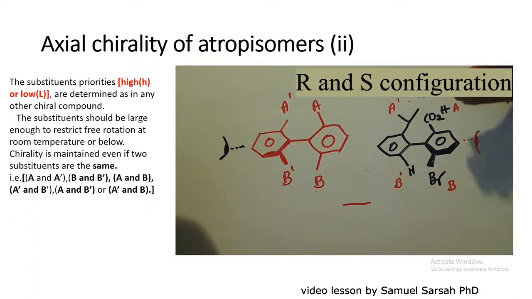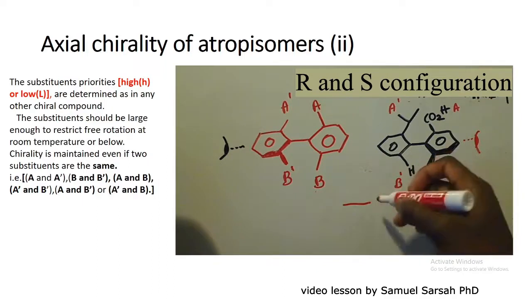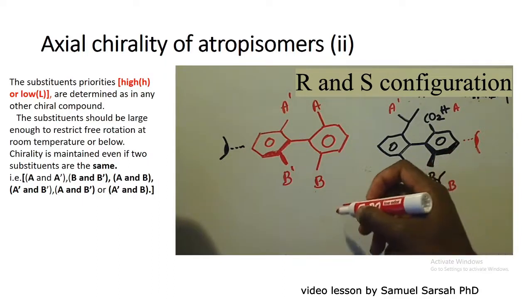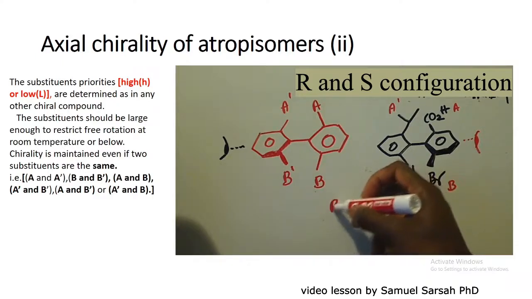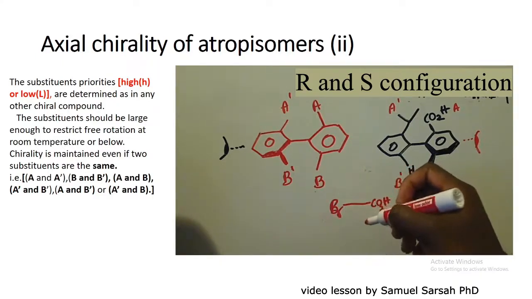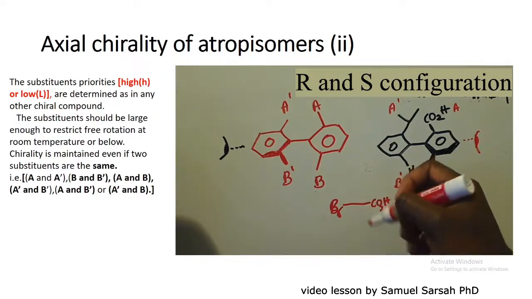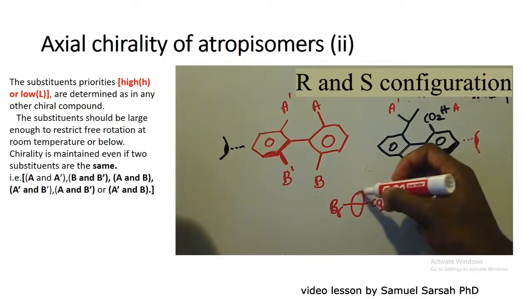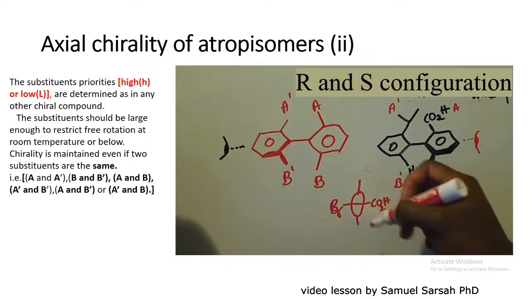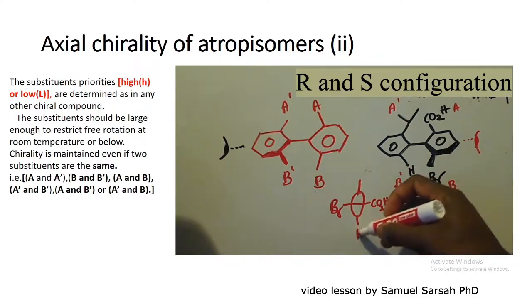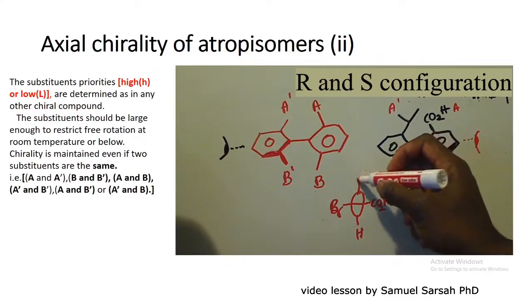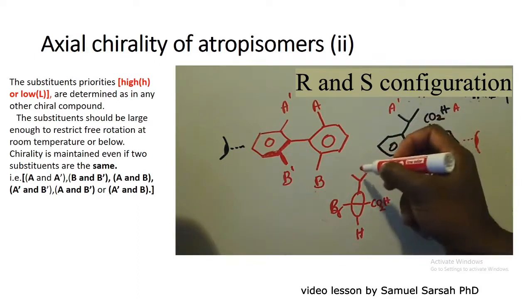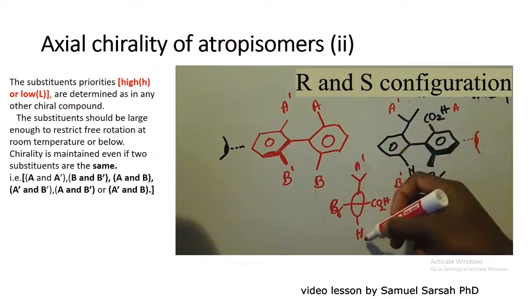I'll see the carboxylic acid on my right, and the bromine will be on my left. And then I will see A prime and B prime from behind, up and down. Propyl group right here, and this is A prime, B prime.